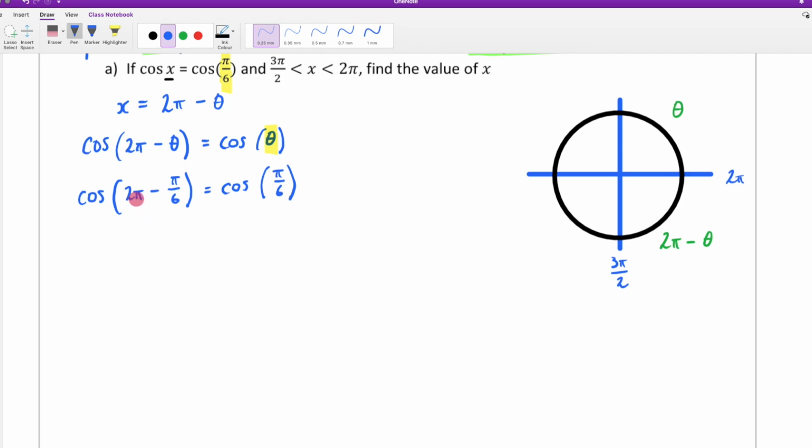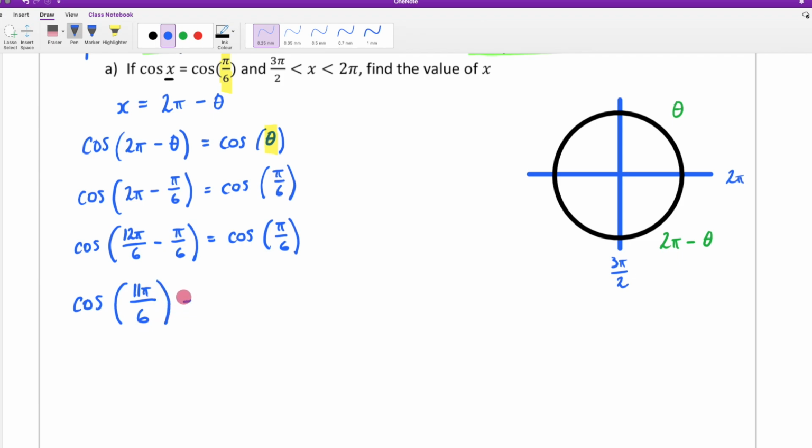So what will that be? Well, in order to subtract something like this, I need my denominators to be the same. So I'm going to change that 2 pi into 12 pi over 6 minus pi over 6. I'm just subtracting my numerators, which is going to give me cos of 11 pi over 6, which is going to be equal to cos of pi on 6.